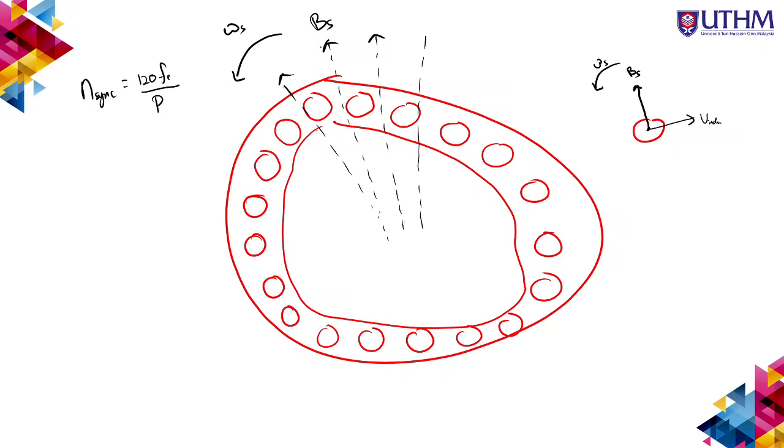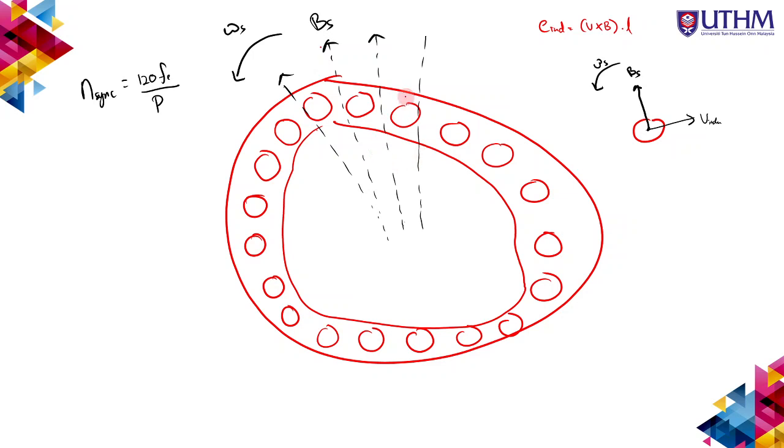Who remembers? The topic is the production of induced voltage on a conductor moving in the magnetic field. The formula is E induced equals velocity cross product with B times L, the length of the conductor.